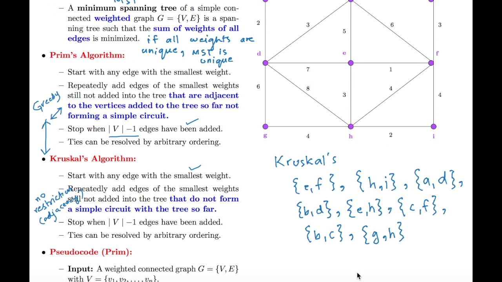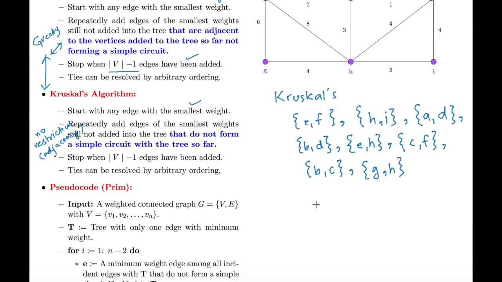Okay, so now let's see how this tree looks. EF is here, and then HI is somewhere here, then AD is somewhere here, then BD is somewhere here, then EH is somewhere here, then CF is somewhere here, then BC is somewhere here, and then GH is somewhere here.